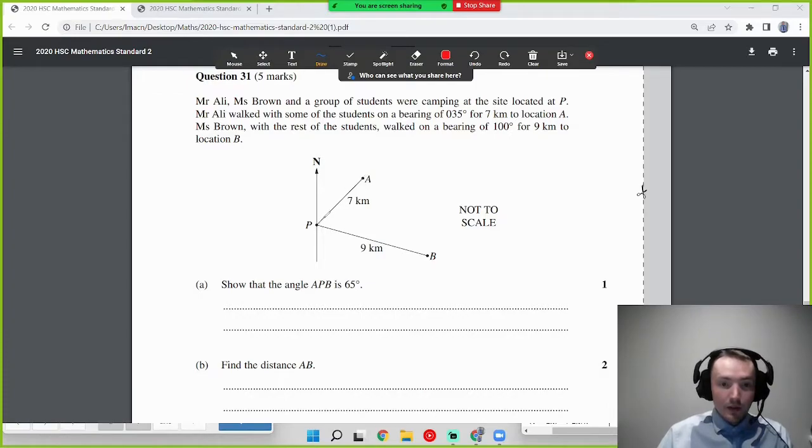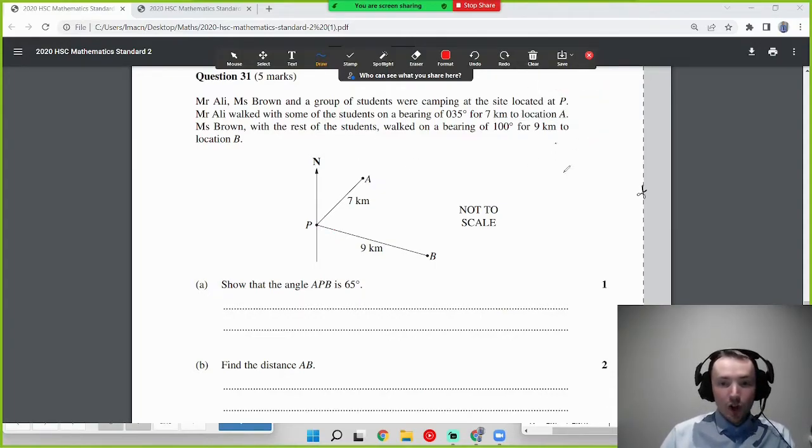The first part of this question is to show that the angle APB is 65 degrees. Whenever it says show an angle, I draw a red line to show what we're actually trying to find. They've given you a lot of information up here, and we have to use some of it.